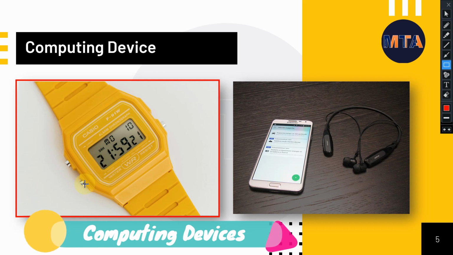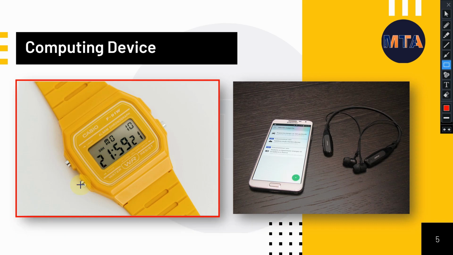For example, you're setting an alarm on this kind of watch, and there's a possibility to set it for a specific day and time, and after that the process will start. Let me just tell you an example.